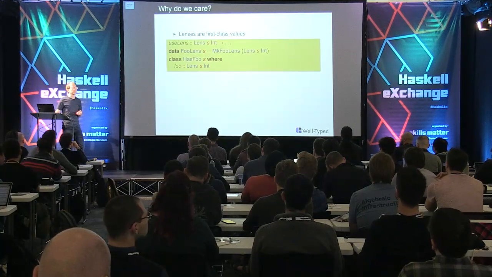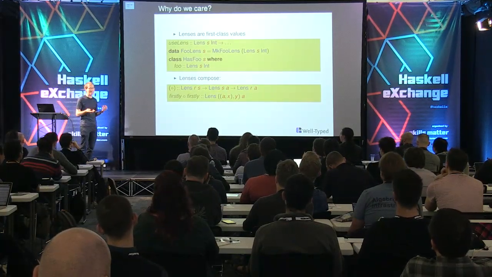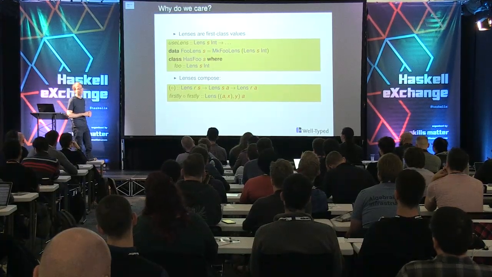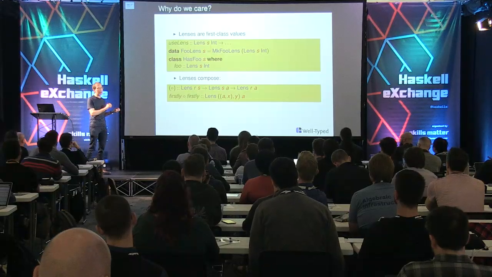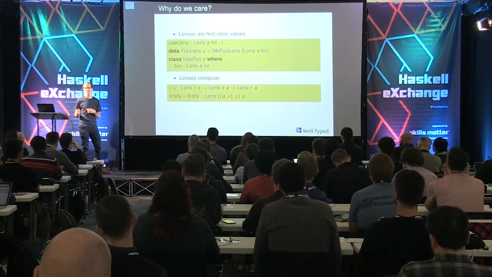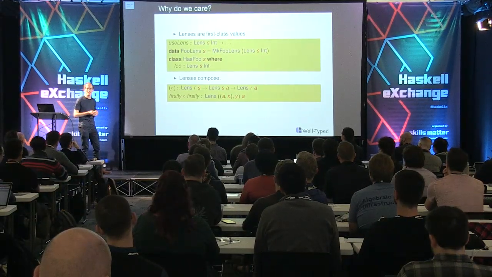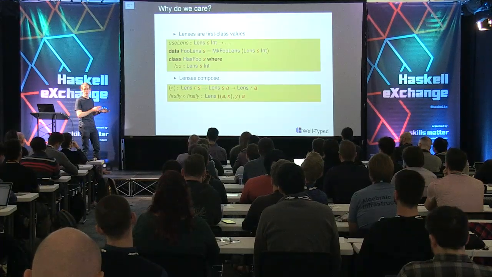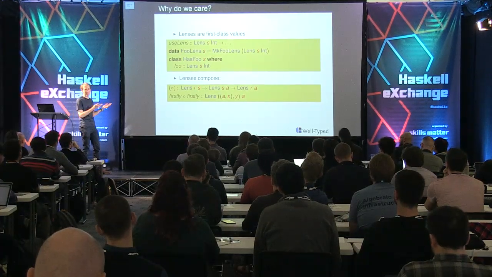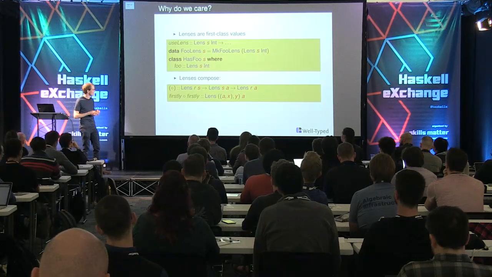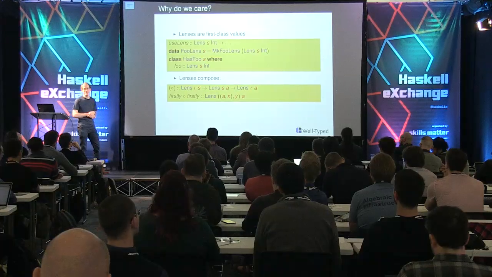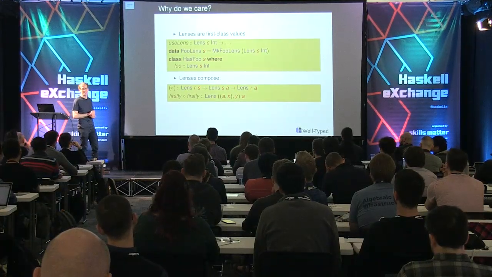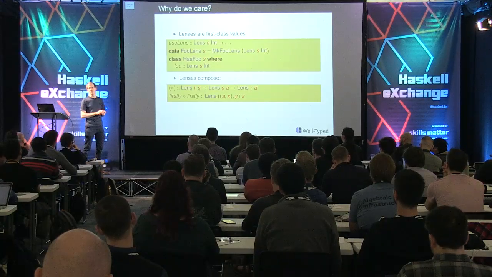One particularly useful operation is lens composition. Given a lens from R focusing on S and a lens from S focusing on A, we can build a lens from R focusing on A. The definition is not important at the moment, but as an example, composing firstly with itself gives a lens that focuses in on the first component of a pair inside the first component of another pair.